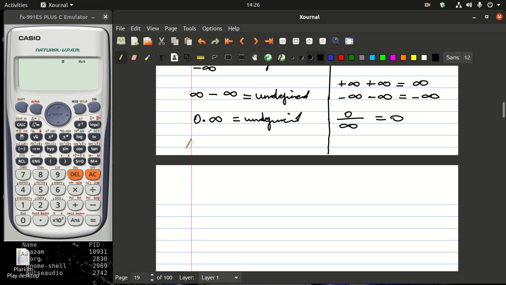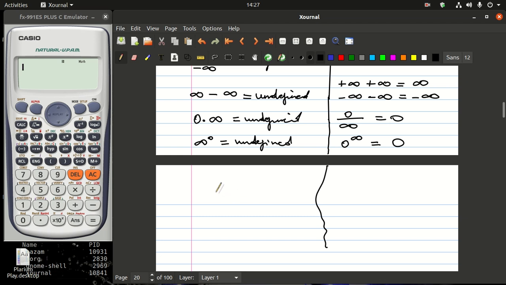And if I am taking infinity and raising it to 0, this one is also undefined, another indeterminate form. And if I am taking 0 raised to positive infinity, that one we always say is going to be a 0. And now let us proceed.